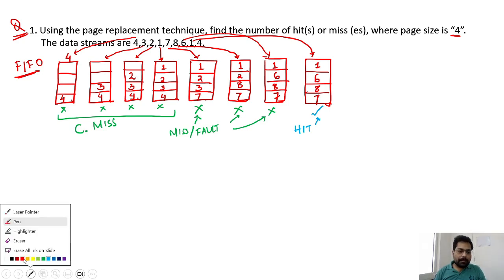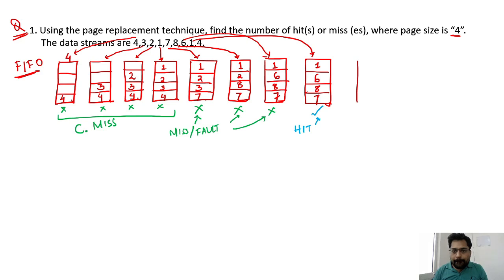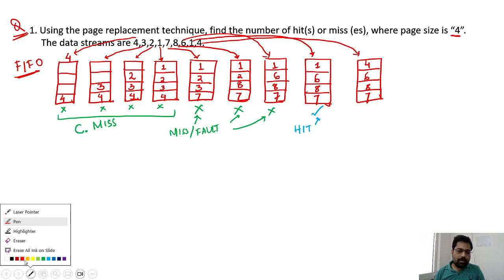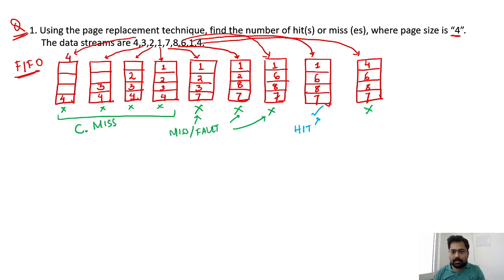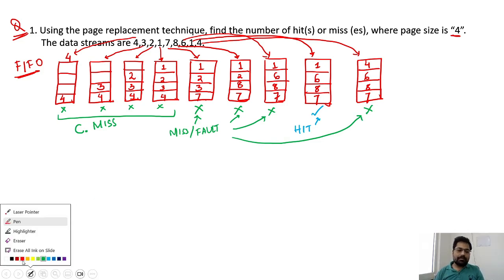Next, 4 is coming, and the data is 1, 6, 8, 7. As per the data, 4 is not there. So the previously updated one is 1, that is why we are updating it as 4. Next we must say it is a miss or fault. This is how we are doing the first in first out.